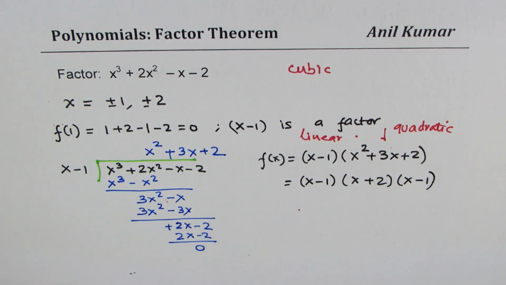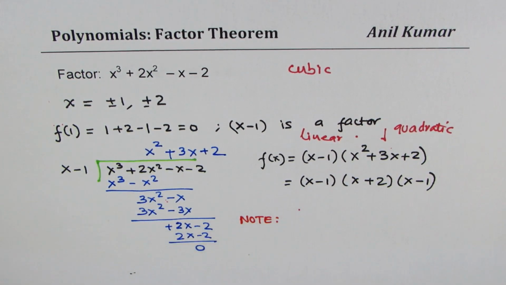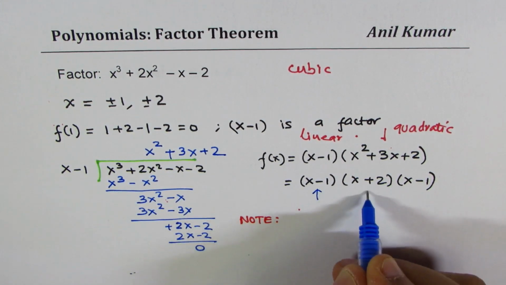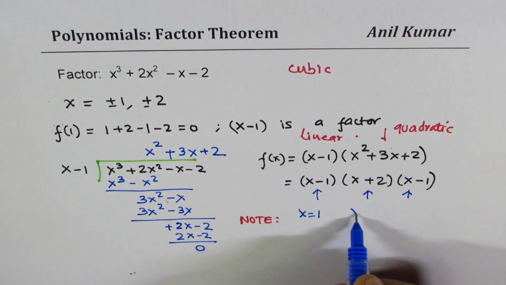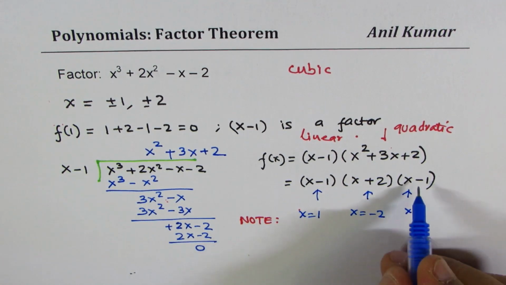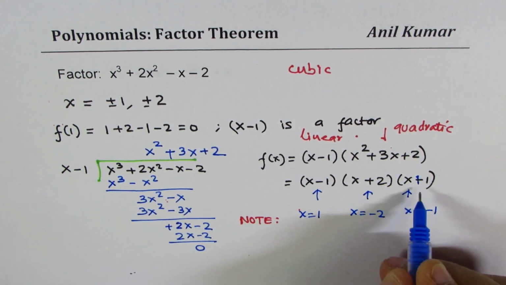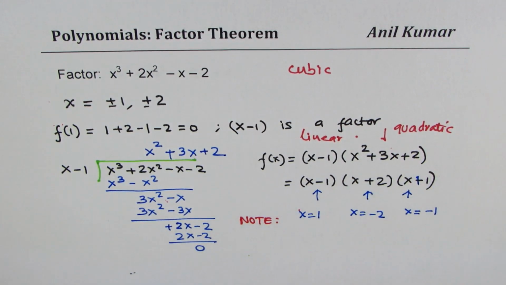Correct? Now if you observe, what do you notice? You note that the integer values are what? Which make them 0. We have x equals 1, x equals minus 2, and x equals, sorry, minus 1, right? 2 times 1, positive, and when you add, you get 3.